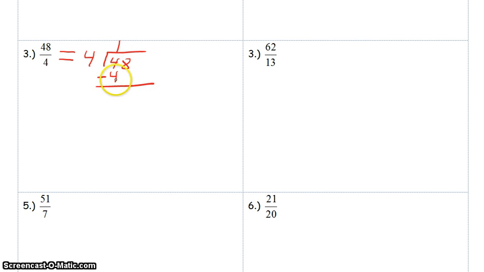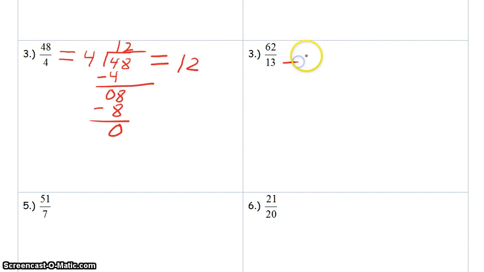Now we know 4 minus 4 is 0. Then we bring down our 8. 4 goes into 8 2 times. 2 times 4 is 8. 8 minus 8 is 0. We have no remainder. So our final answer here is just 12.